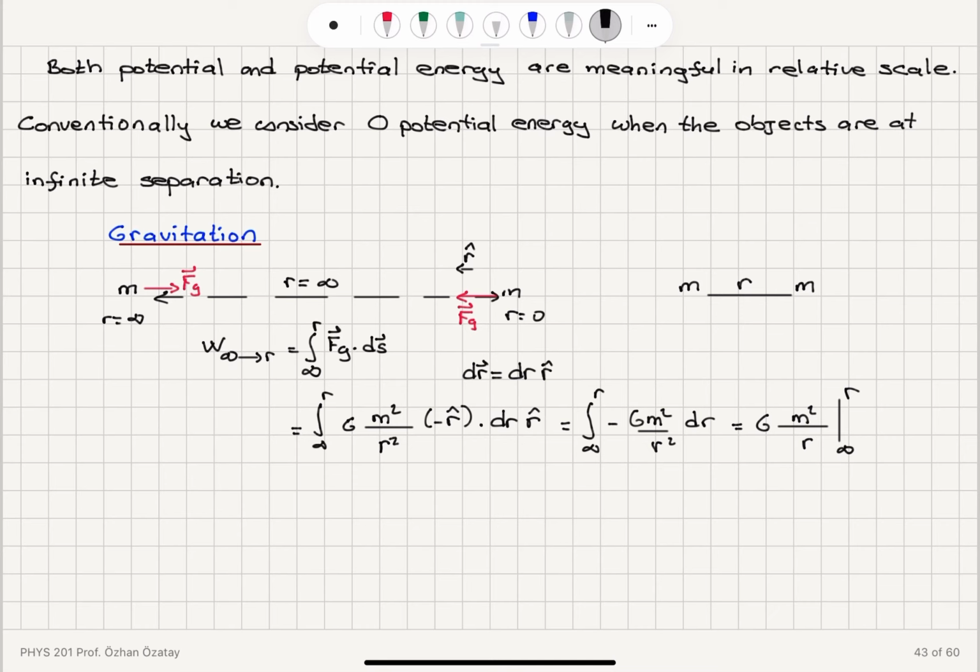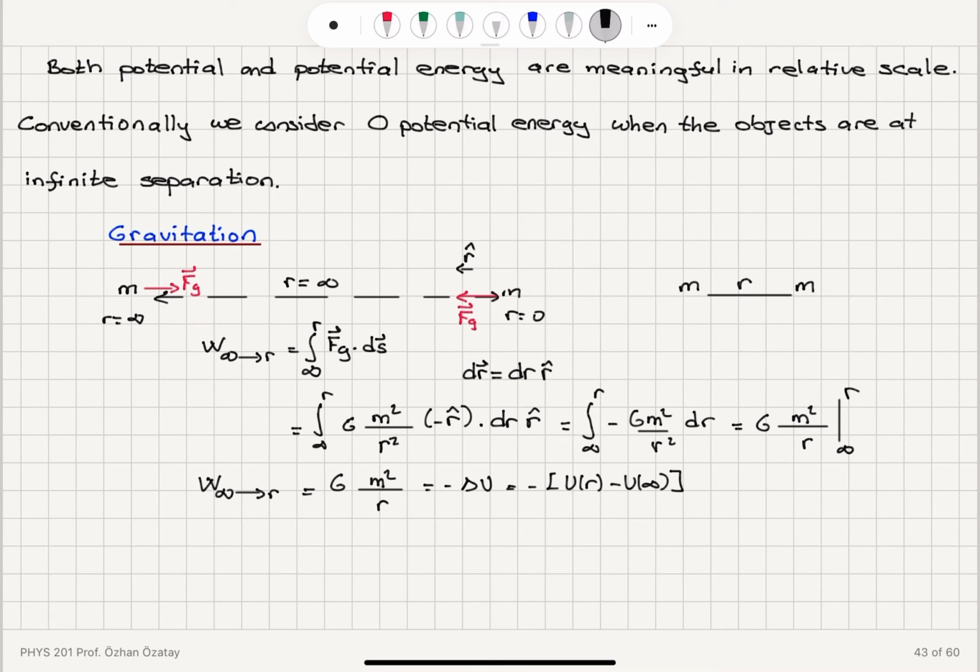So I find that the work done by the gravitational force going from infinity to r is G m square over r, and this is equal to minus the change in the potential energy, so that is minus the potential energy at r minus the potential energy at infinity.